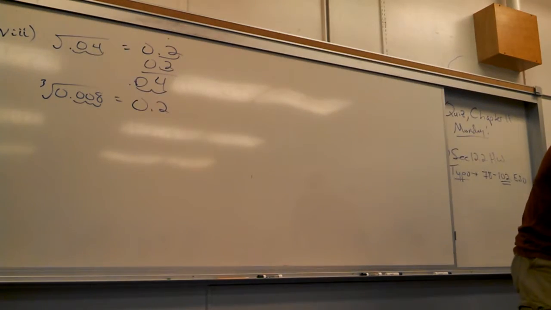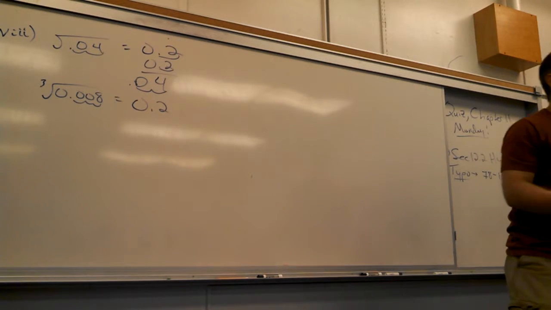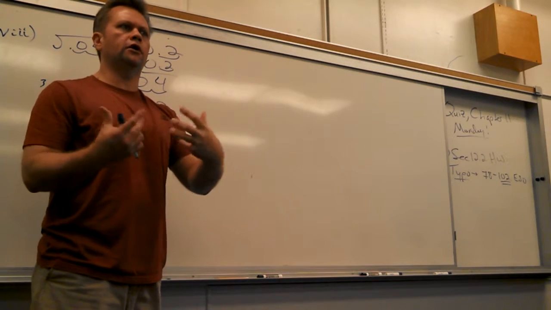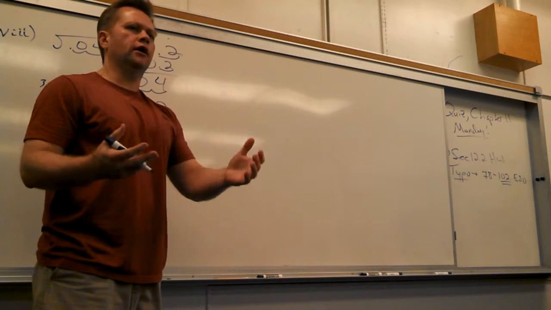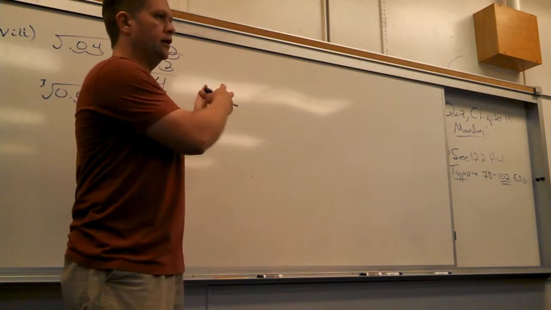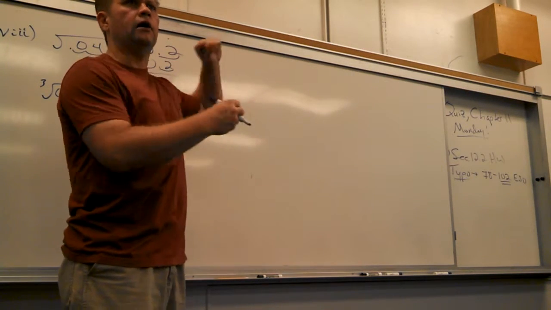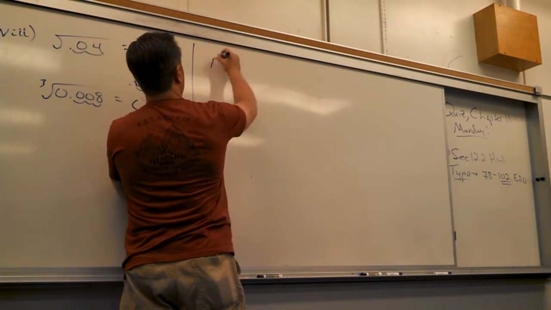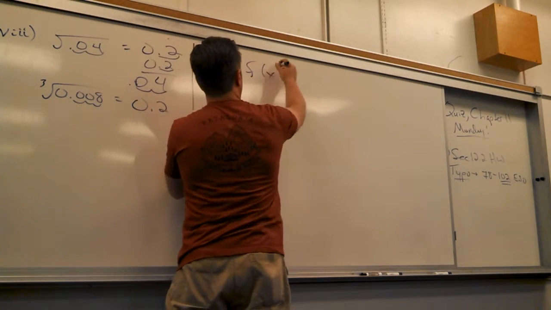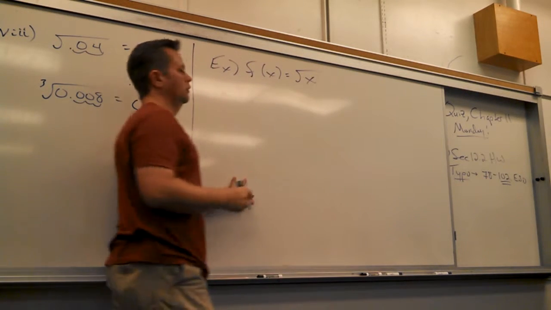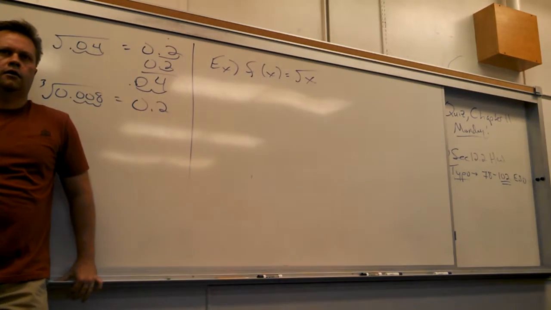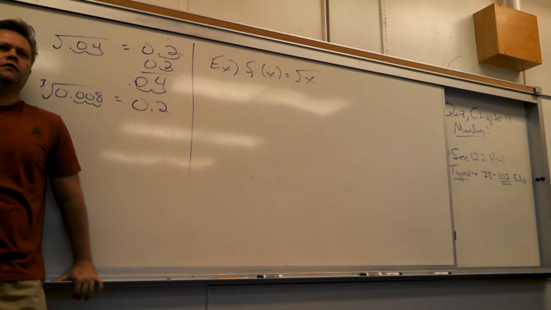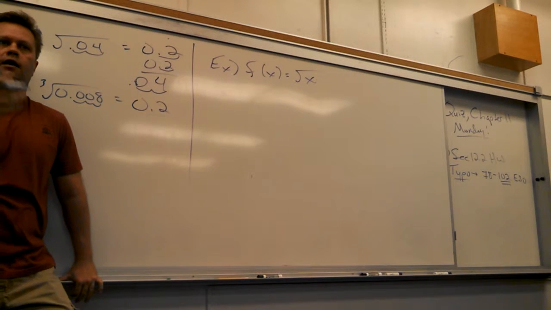So what's the next level of this? Well, the minute we have a new operation, and this root idea is a new kind of operation, I want to look at what it would look like visually. We know how to handle it computationally, but now I want to know what it looks like if you graph it. To do that, you have to know what values I'm allowed to use.